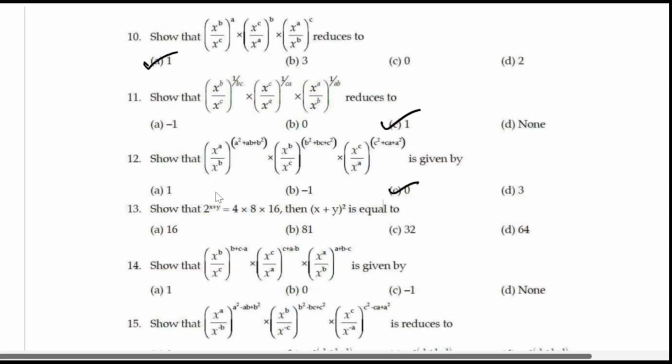Now question number 13 is given: if 2 to the power x plus y is equal to 4 into 8 into 16, then (x plus y) the whole square is equal to. So here the question is given 2 to the power x plus y is equal to 4 into 8 into 16.